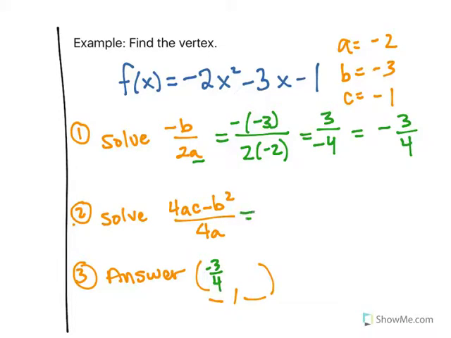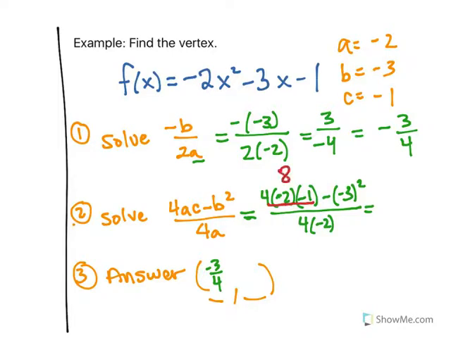This one's a little bit more complicated, but again, just plug and chug. We've got 4 times a, which is -2, times c, which is -1, minus b squared. So we've got -3 squared, all over 4 times a, which is -2. To simplify this, we've got 4 times -2 is -8, times -1 is +8.